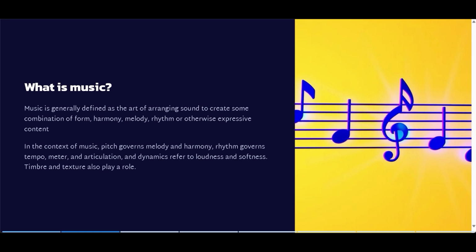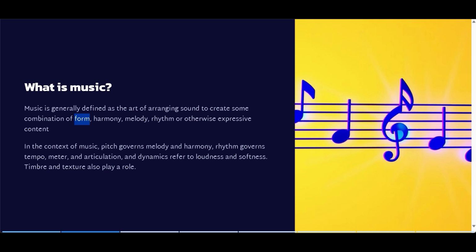And a form is actually the structure of the music. When you take a song, the form would be the verse, chorus, bridge, and another final chorus.